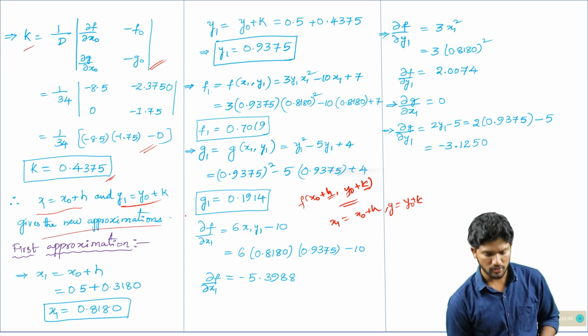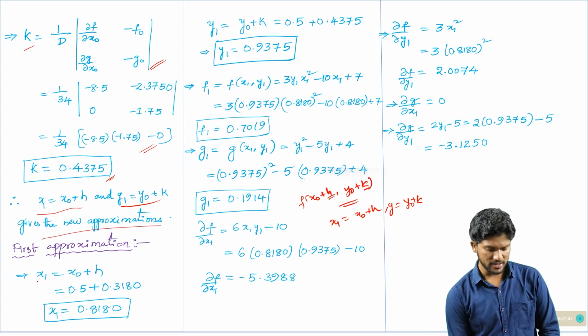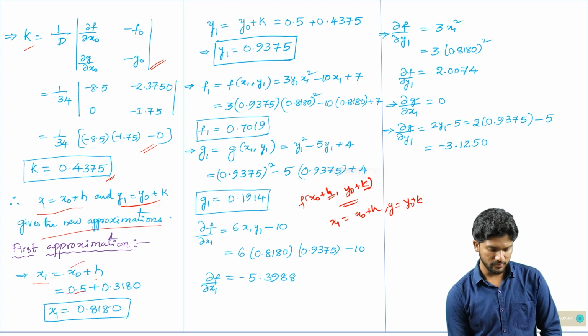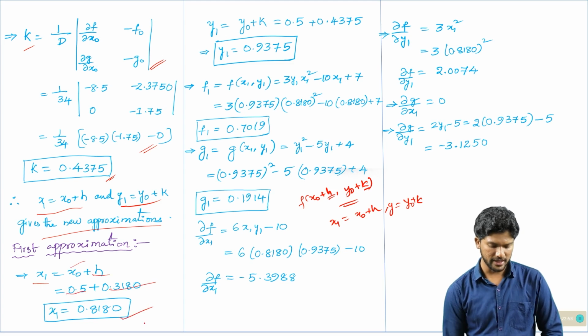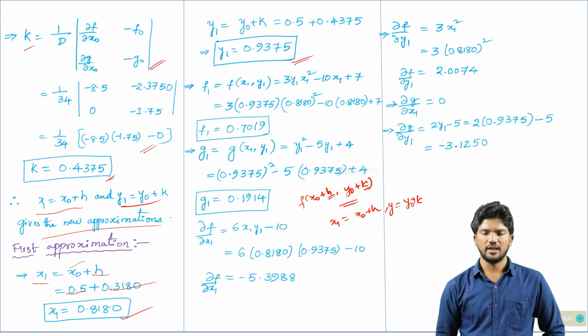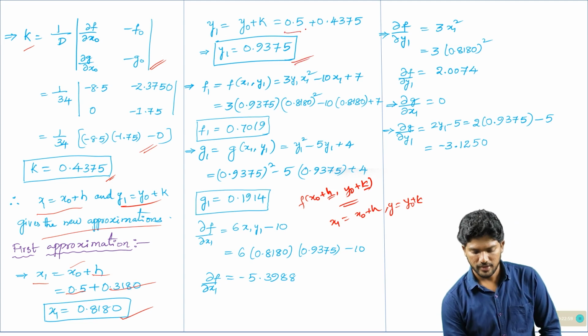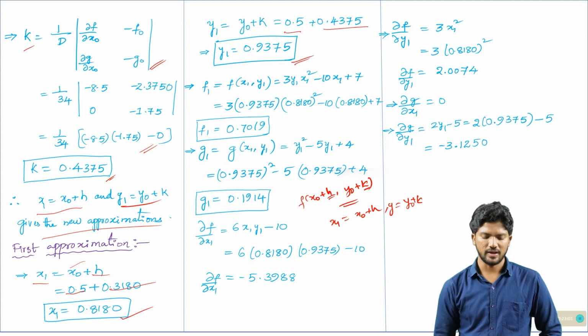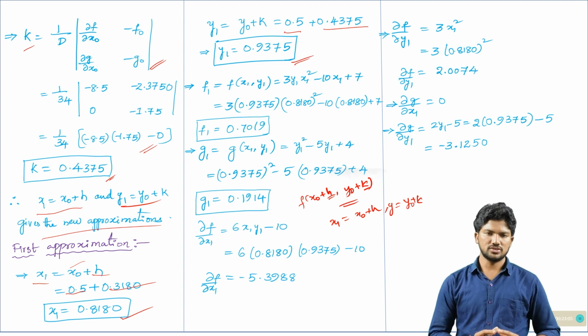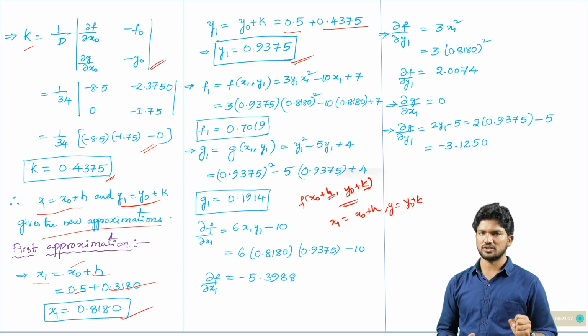So this gives the new approximations. The first approximation is x₁: substitute the x₀ value and h value, and you will get x₁ is equal to 0.8180, and y₁ is equal to 0.9375. So these two values are the first approximation.